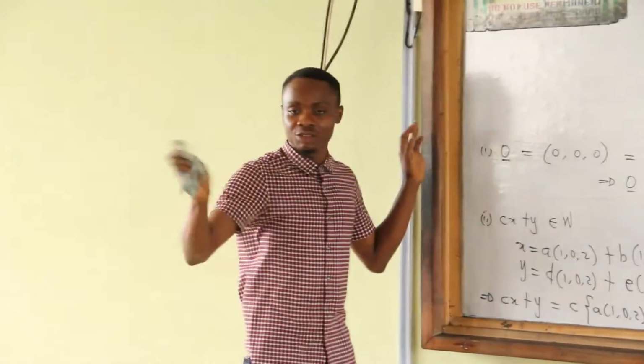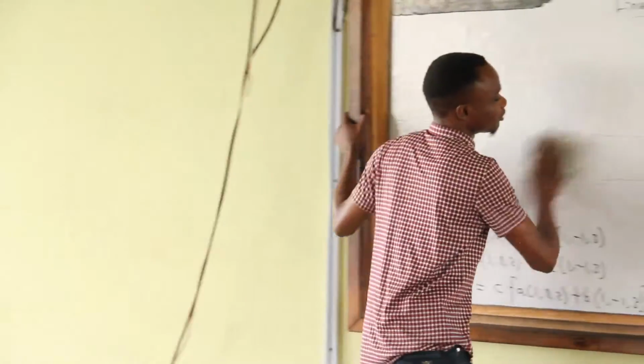It should be a subspace, because 0 times that will be (0, 0, 0). Will it contain the element (0, 0, 0)? Can you see there now? The third term has to be 1 always. So it cannot contain the element (0, 0, 0). So it's not a subspace.